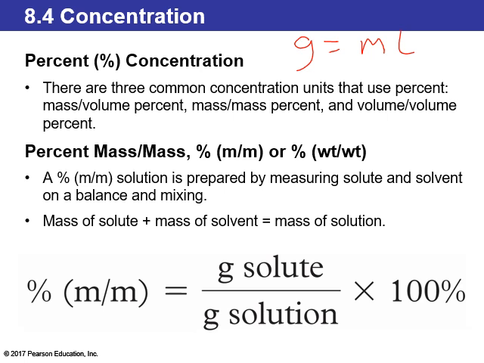So if you are weighing a solid material in grams, it is very easy to do your math if you're working with your water in milliliters. If you're measuring the volume of your solution in milliliters, it makes the math so easy.